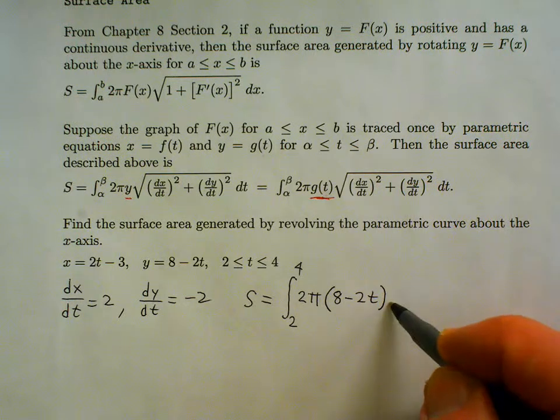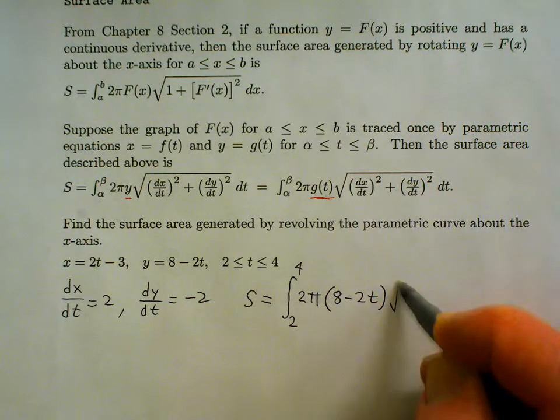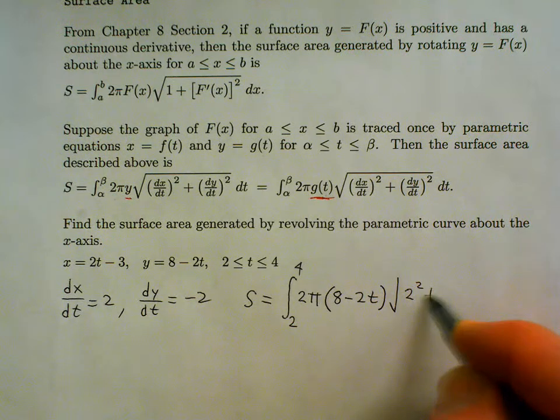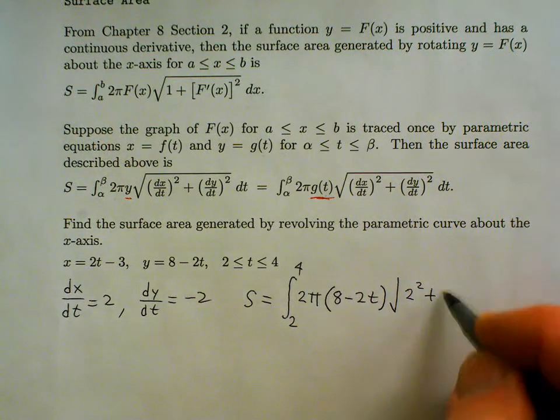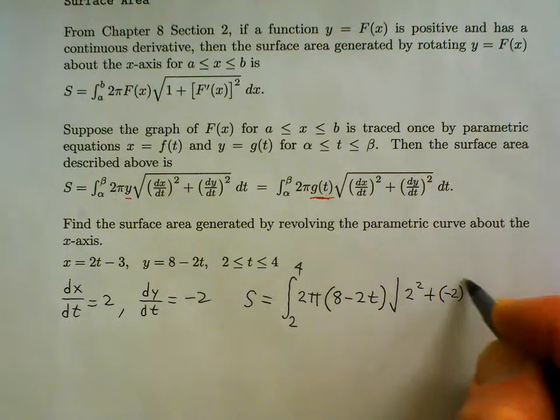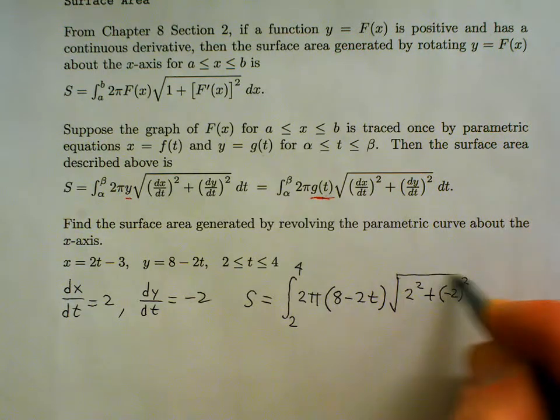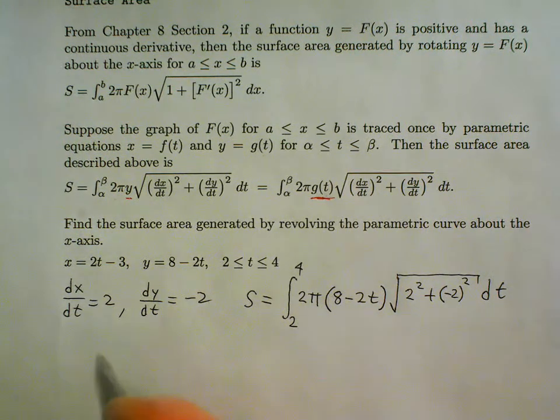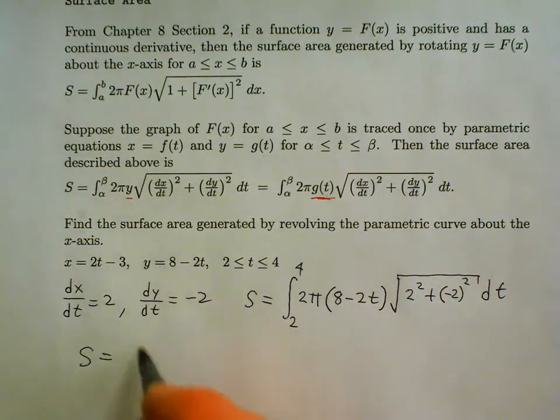And then in the integrand, we multiply this by the square root of the square of dx dt, or 2 squared, plus the square of dy dt, which is the number negative 2 squared. So it's just a little bit more arithmetic.